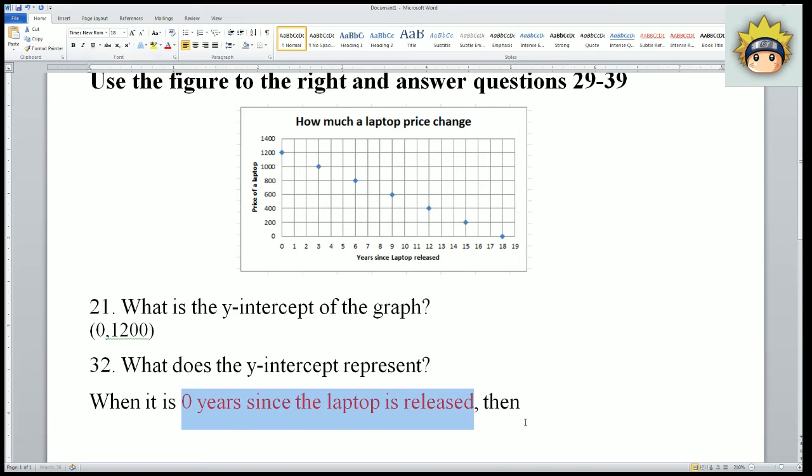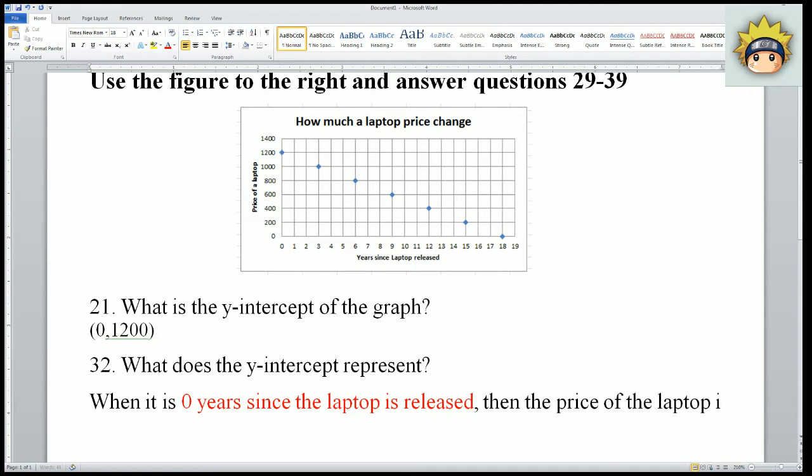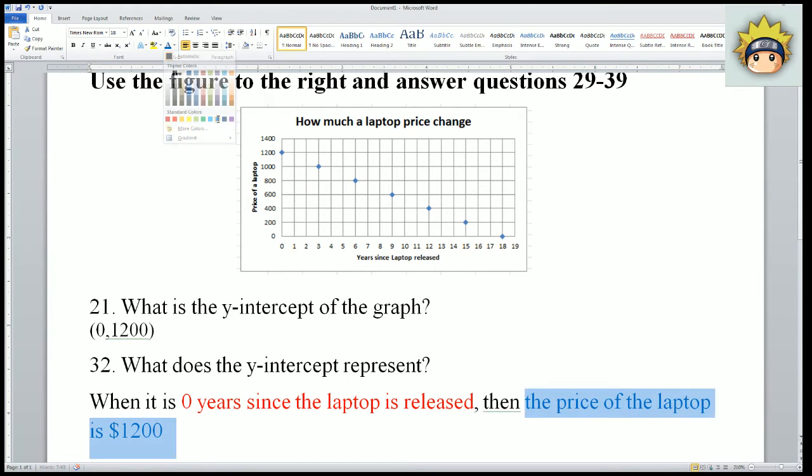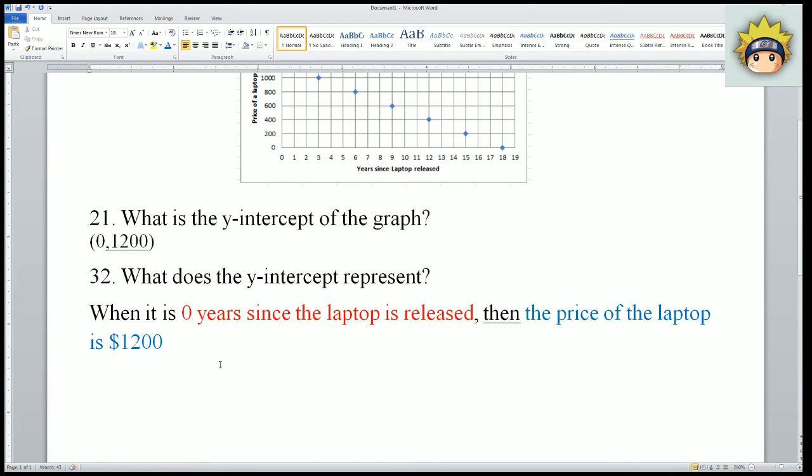Let me make that red. Now we're going to talk about the dependent variable. Then the price of the laptop is $12,000. That seems to be the original price, because when something is released, that's the original price. So that is what the y-intercept represents in the context of this problem.